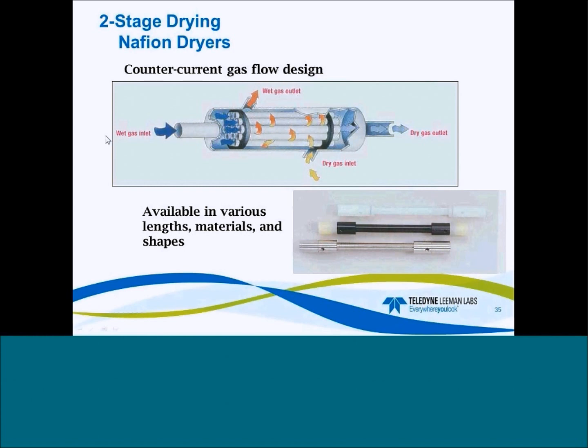You run wet gas through the inner chamber and dry gas through the outer chamber, and the moisture migrates from the wet stream into the dry stream and reduces the amount of moisture in the gas that comes out of the dryer. With the two in combination, we achieve very low levels of water reaching the detector.